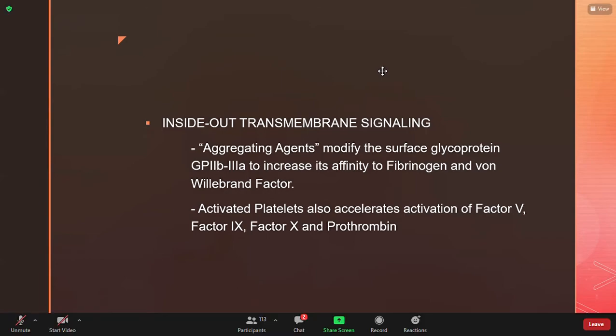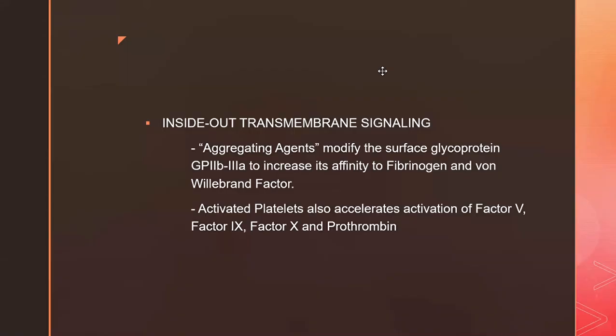We have the so-called aggregating agents that modify the surface glycoprotein, yung sinasabi kanina na GP2B3A, to increase its affinity to fibrinogen and von Willebrand factor. Please take note, fibrinogen and von Willebrand factor promotes aggregation or binds one platelet to another platelet via glycoprotein 2B3A.